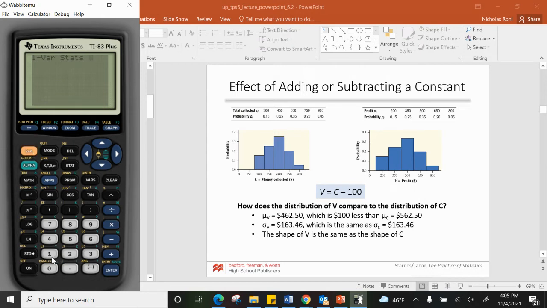If you have the old calculator, you do L1, comma L2. If you have a new calculator where it asks for frequencies, that's where you put L2. It's no longer frequencies, it's probabilities, but it'll behave the same way. And then we get out, hey, this is 462.5, and my sigma is 163.46. So just that way to see it: 1-Var Stats, L1, comma L2.